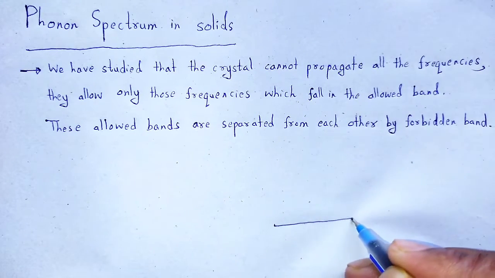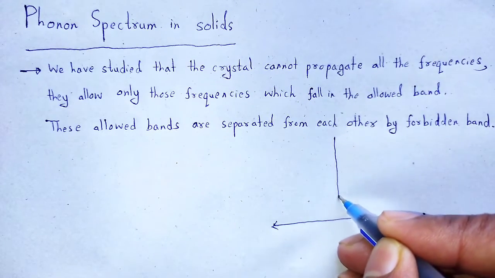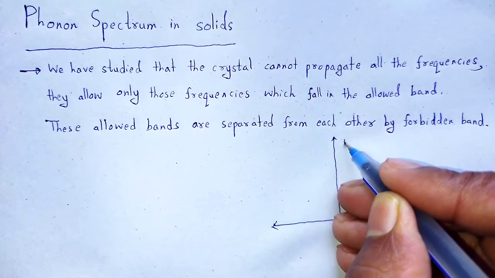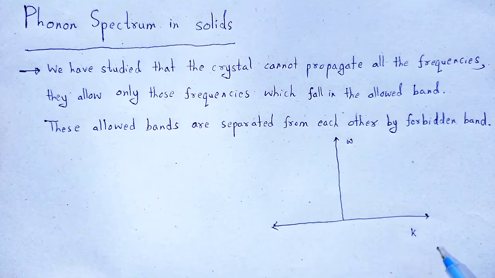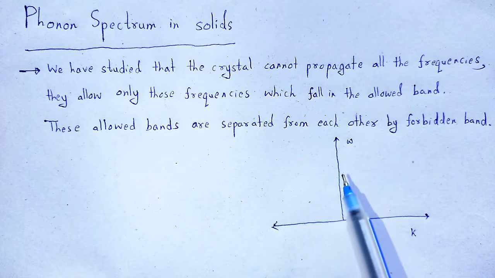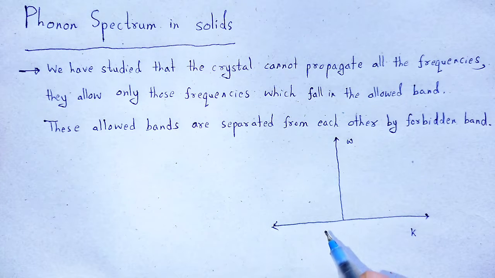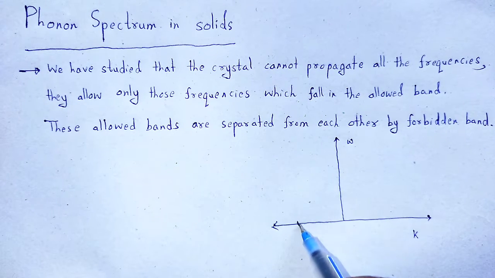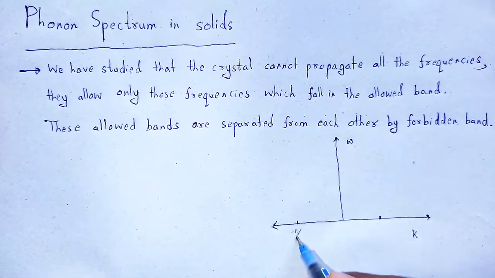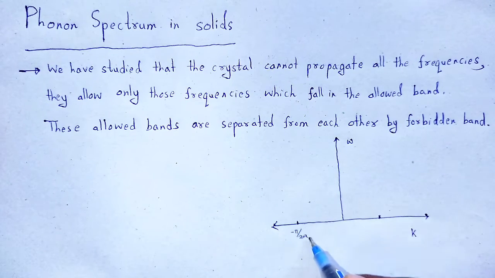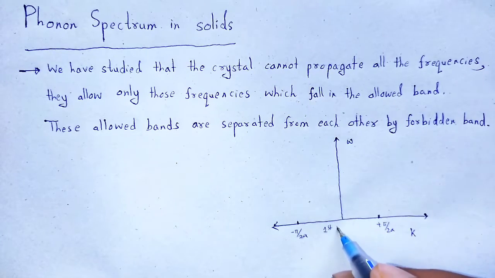Let me take the graph between omega and k, for the dispersion relation of diatomic lattice vibrations. In case of diatomic lattice vibration, from minus pi by 2a to plus pi by 2a, that will be the first Brillouin zone.